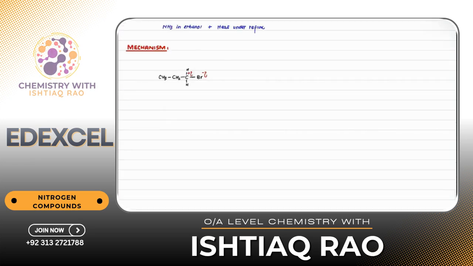Okay, so we have an ammonia that has a lone pair of electron, isn't it? It's going to attack on this positive carbon atom. As a result of this, the bromine has to be removed from here because you know the valency of carbon cannot be more than 4. Carbon cannot form more than 4 bonds.